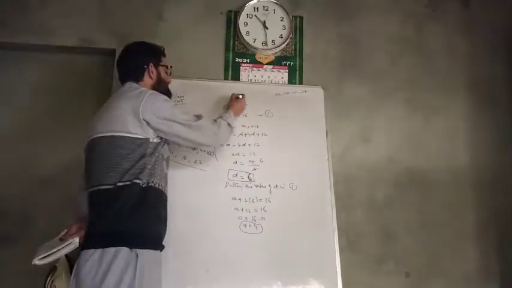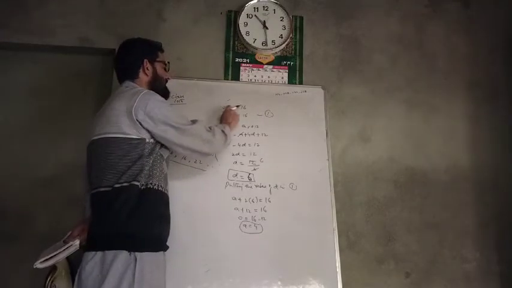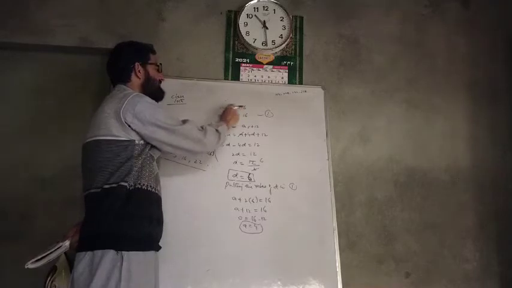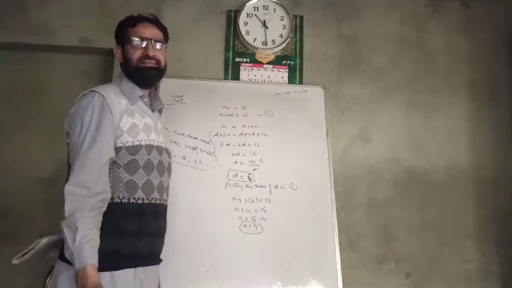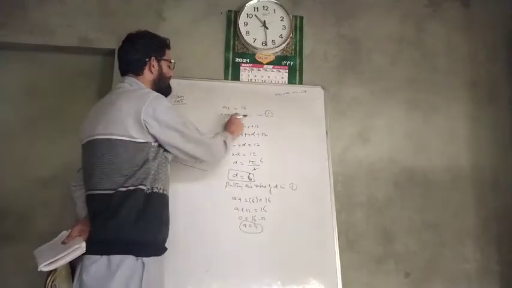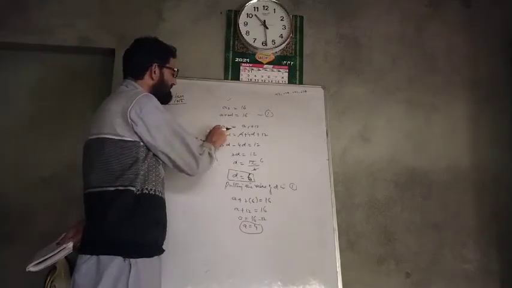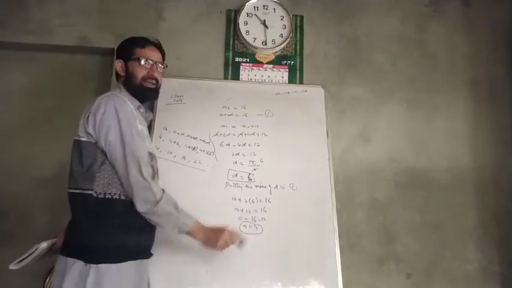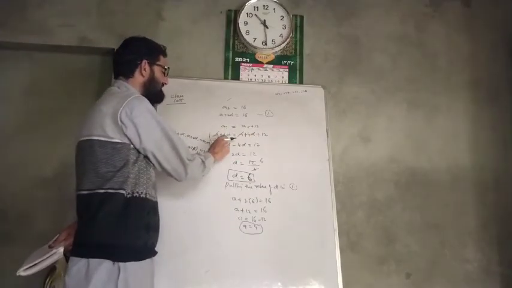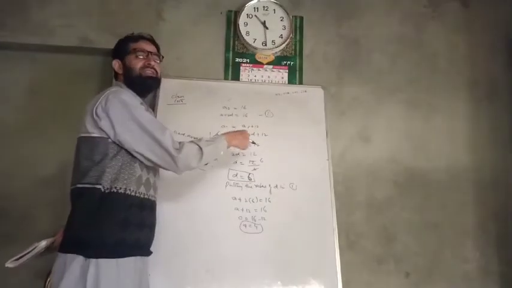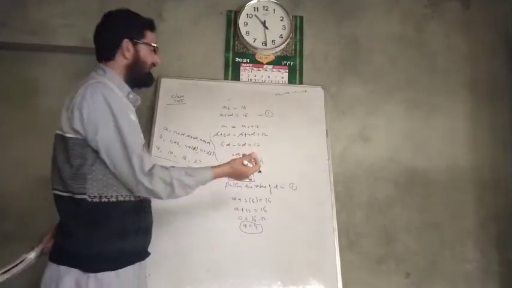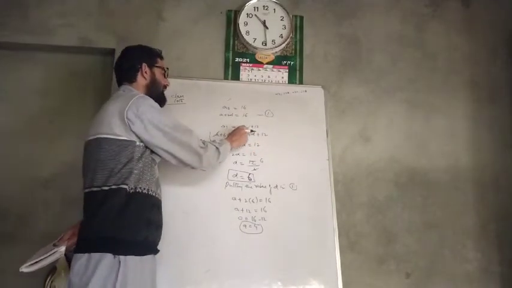Now let me repeat this. Third term is given, third term is 16. Third term we know is A plus 2D, so A plus 2D is equal to 16. Name this equation first. Now the seventh term exceeds the fifth term by 12. Seventh term is A plus 6D. Exceeds means it is more by 12, it is A5 plus 12.